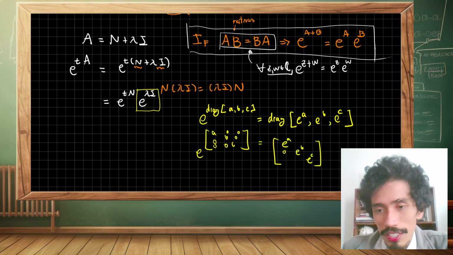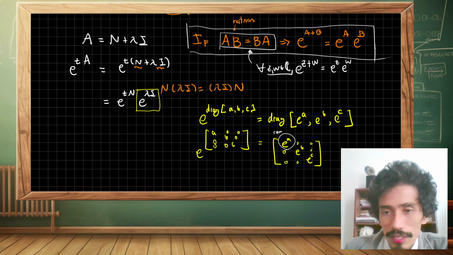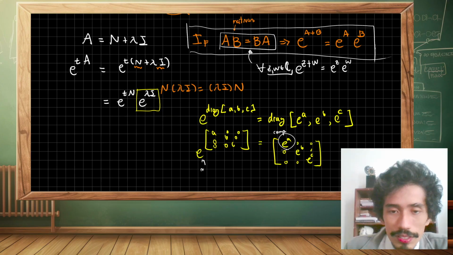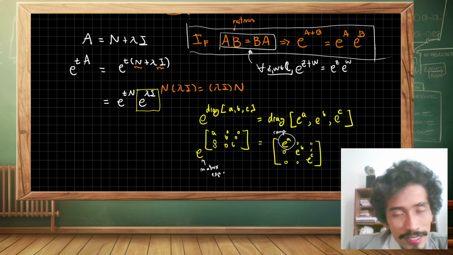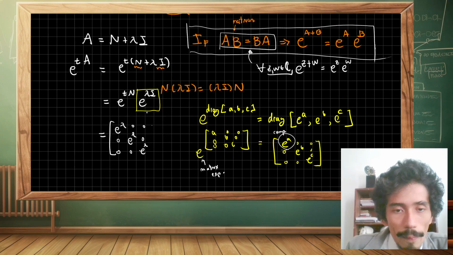So it's like the exponential gets inside a matrix. This is the complex exponential, and this is the matrix exponential. Alright, so lambda times the identity is a diagonal matrix, so you can have this as, and you can write it perhaps better in the left side. So this is equal to this matrix, and 0, 0, 0, 0, 0, 0 times this one.